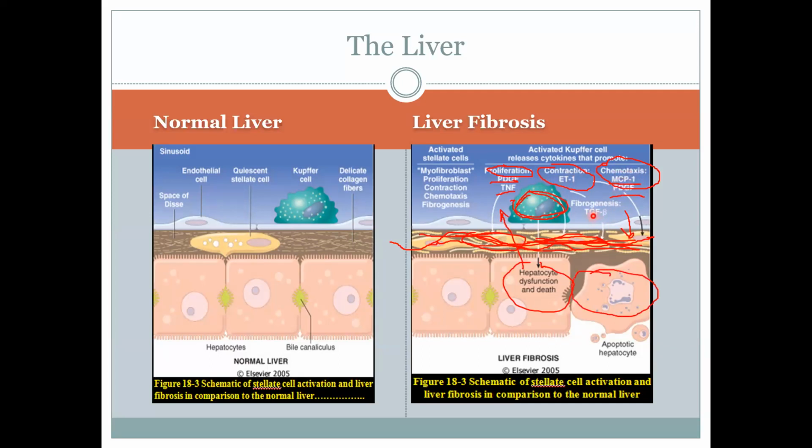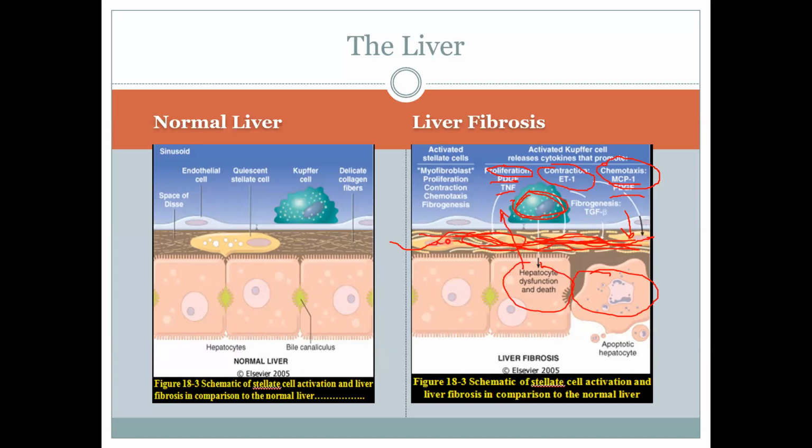And you add to it fibrogenesis, such as transforming growth factor, which makes these cells lay down more collagen. But following this type of injury, the Ito cells will be laying down type 1 and type 3 collagen, which are very thick types of collagen.